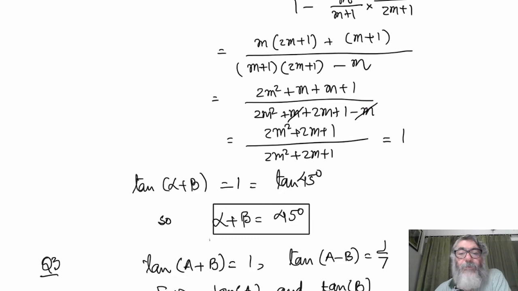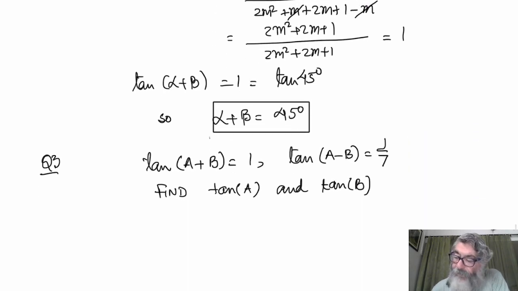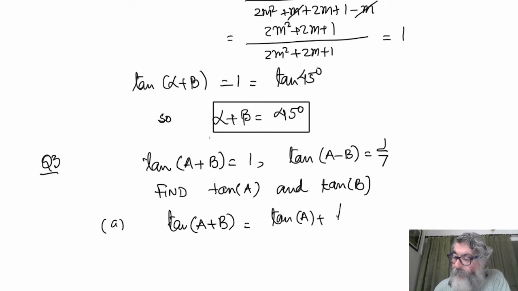Again, we are going to apply the formula of tan a plus b, tan a minus b. In the first case, let us see tan a plus b is equal to tan a plus tan b upon 1 minus tan a tan b is equal to 1.